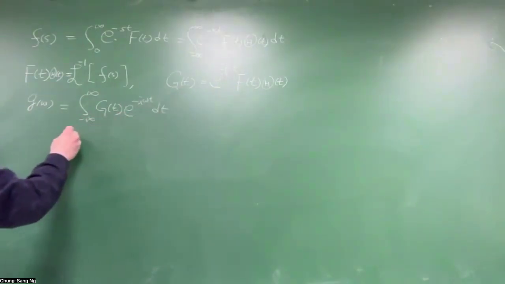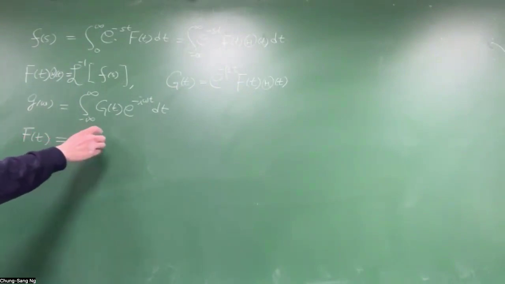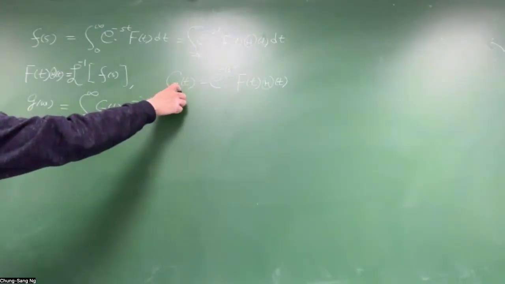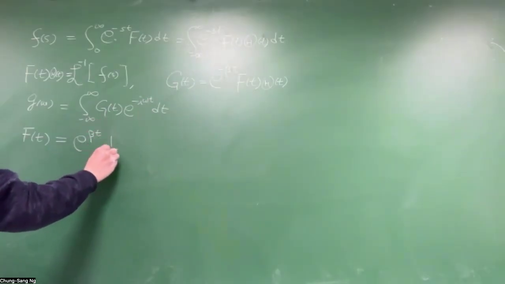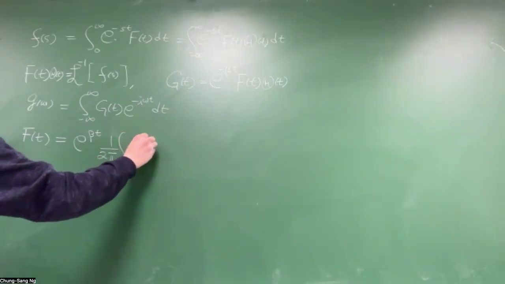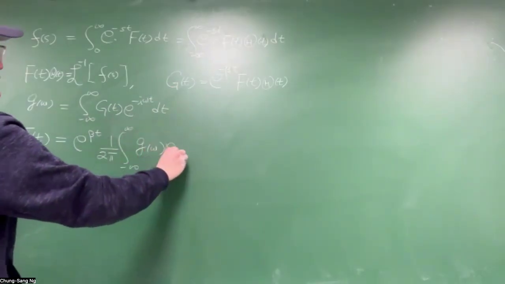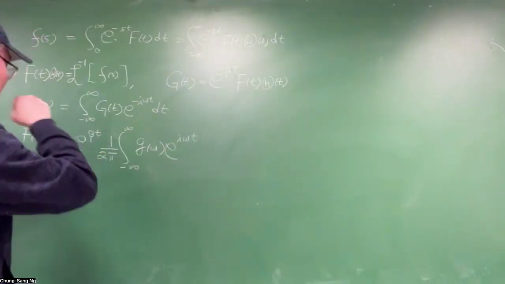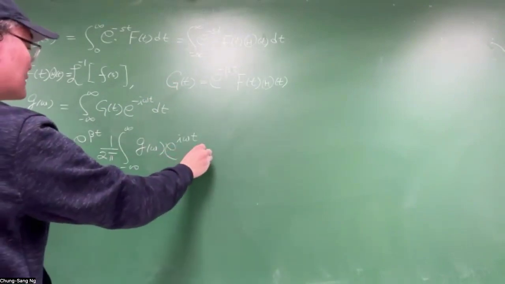Then we can write f(t) as basically e to the beta t times g(t), which is given by the inverse transform: 1 over 2 pi, the integral of G(omega) e to the i omega t d omega.